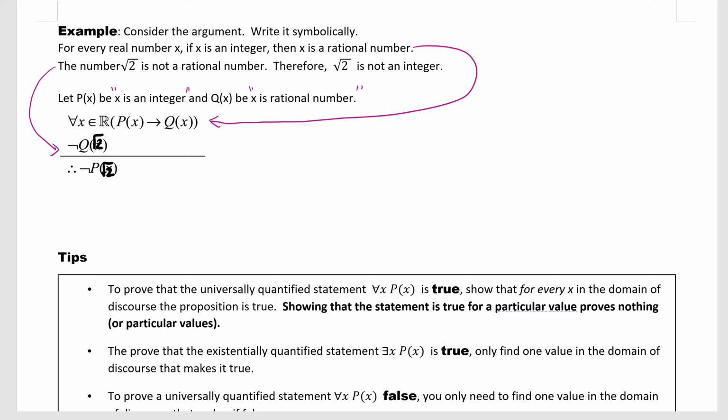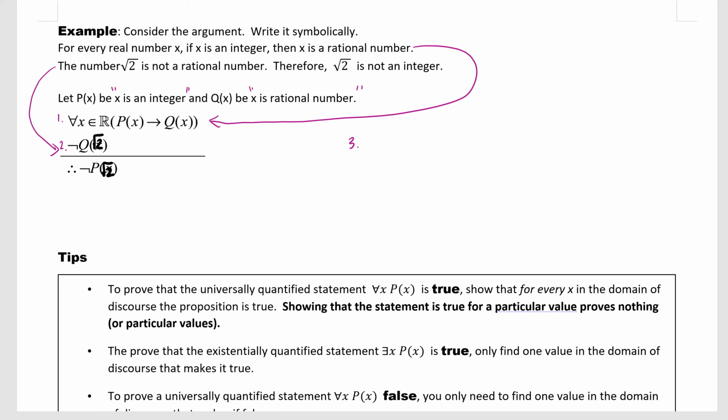So this is the argument. Let's prove it, and let's number the lines. When we're asked to prove arguments, we number the lines: 1 is that, 2 is that, then 3 is what we get. So for all x in R, P of x implies Q of x.